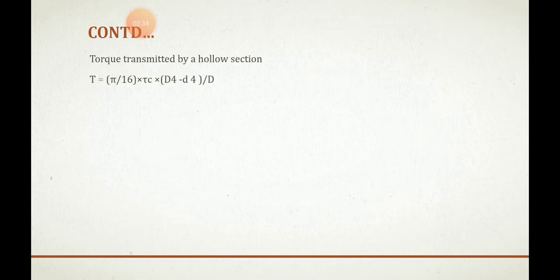So first we have to calculate T, the torque transmitted, assuming it as a hollow shaft. The formula turns out to be pi by 16 tau c into D raised to 4 minus d raised to 4 divided by D, where capital D is the outside diameter of the hub and small d is the inside diameter of the hub. Or else we can modify the equation by replacing D raised to 4 minus d raised to 4 by k, where k is the ratio of small d divided by capital D.